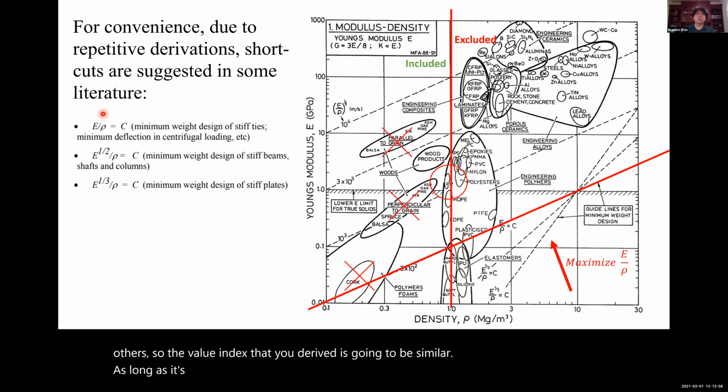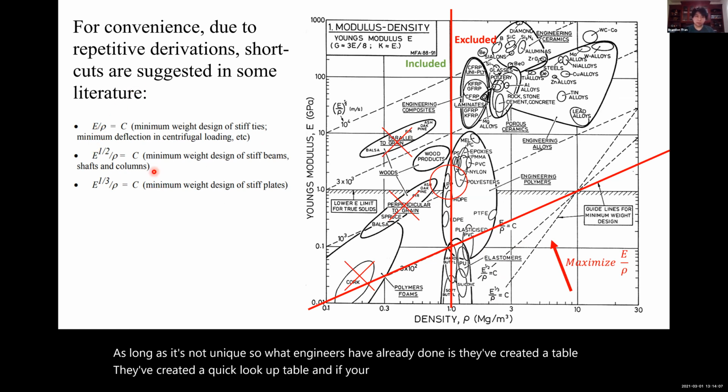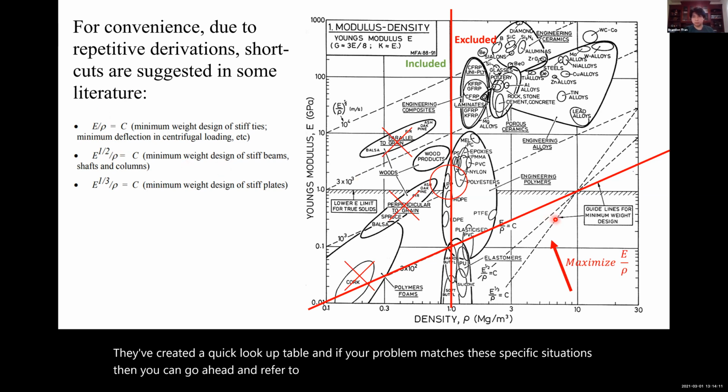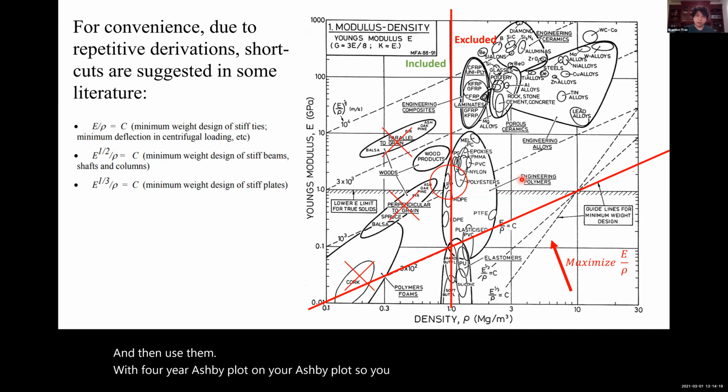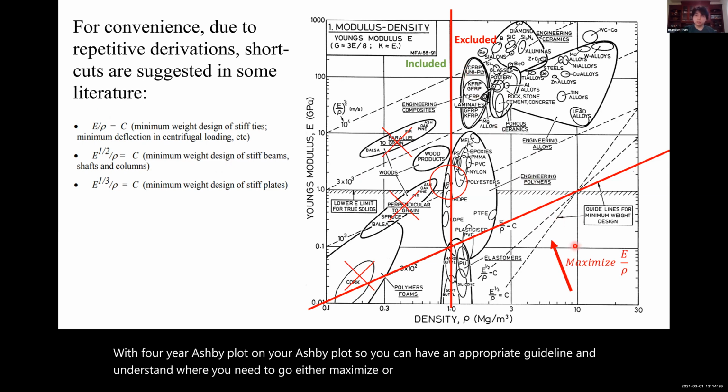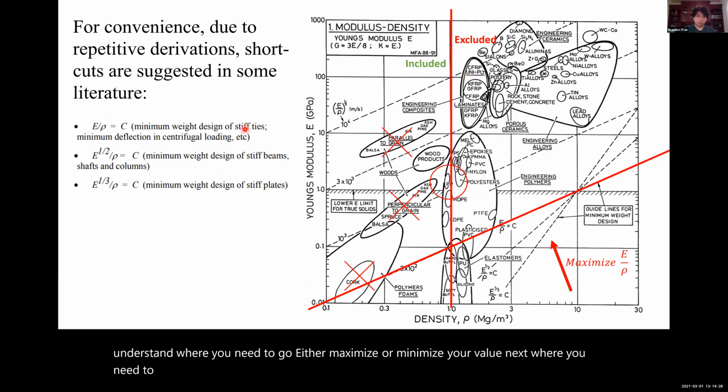So what engineers have already done is they've created a quick lookup table. And if your problem matches these specific situations, then you can refer to these value indexes and use them on your Ashby plot, so you can have an appropriate guideline and understand where you need to go, either maximize or minimize your value index, to choose the apt material.